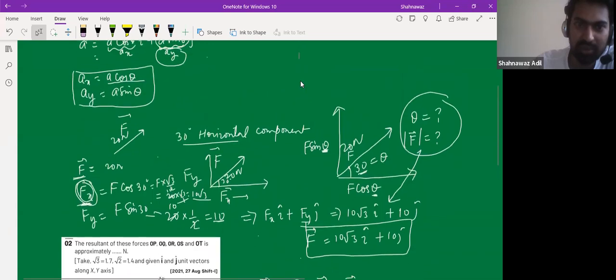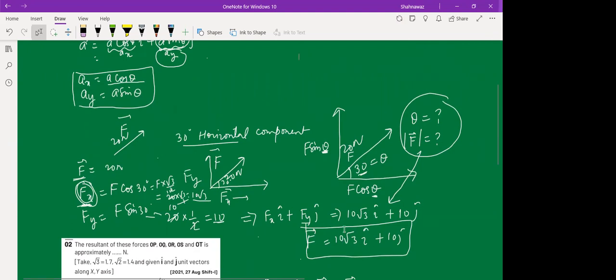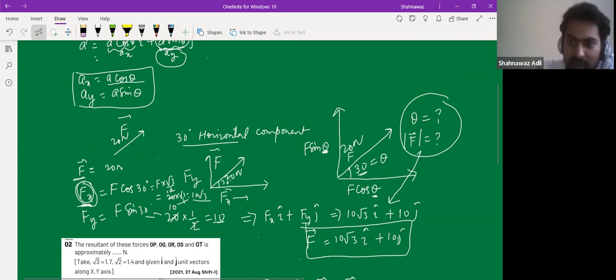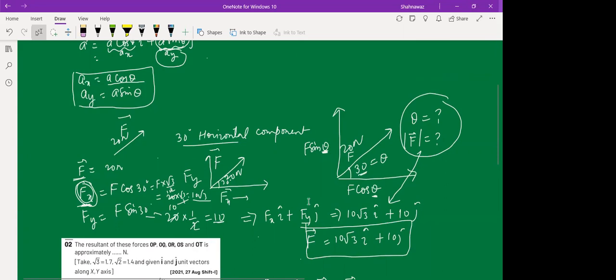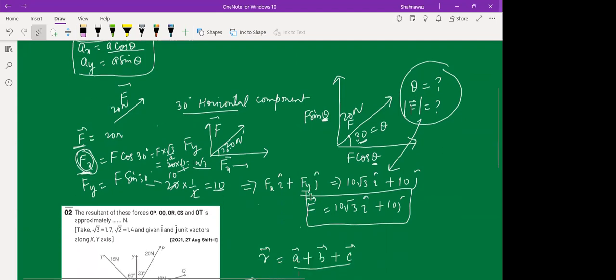Understood? So if you are given the angle and the magnitude, what can you calculate? Heather, you can calculate the Cartesian form of this vector, na? Yes, sir. And if you have the Cartesian form of the vectors, you can calculate the resultant of multiple vectors.